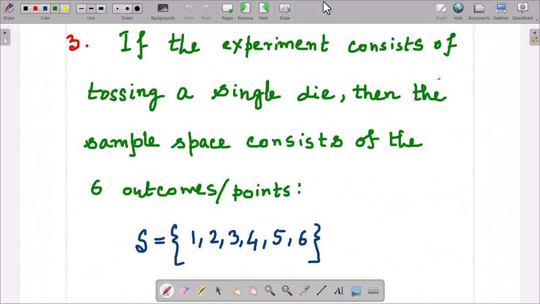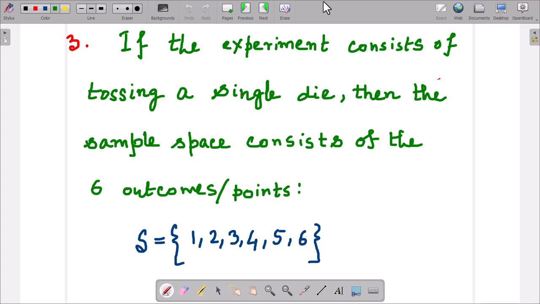If the experiment consists of tossing a single die, then the possible outcomes are 1, 2, 3, 4, 5, 6, but it is impossible to predict which number will come for a particular performance.